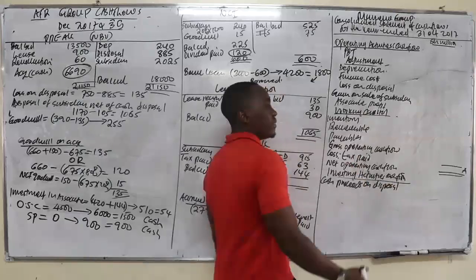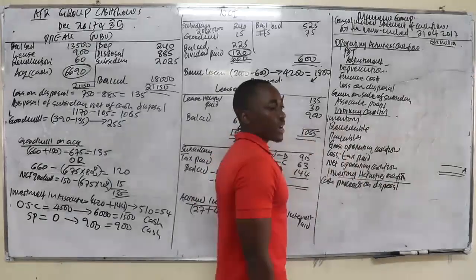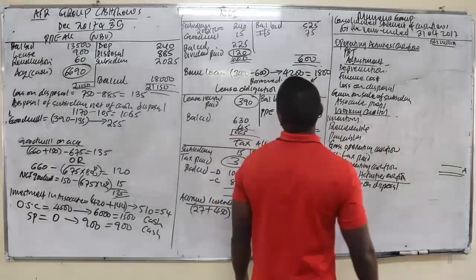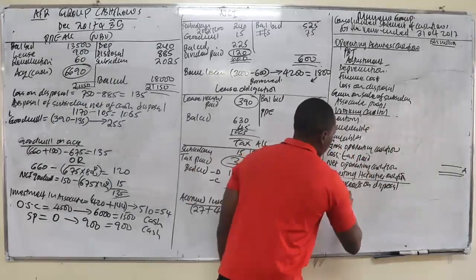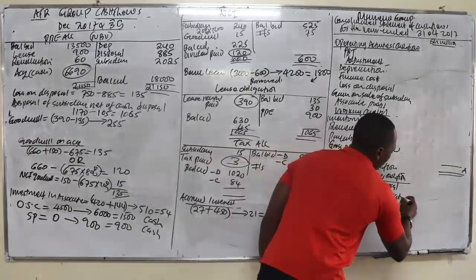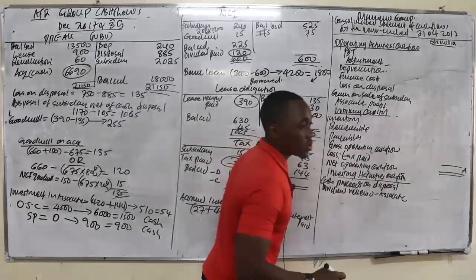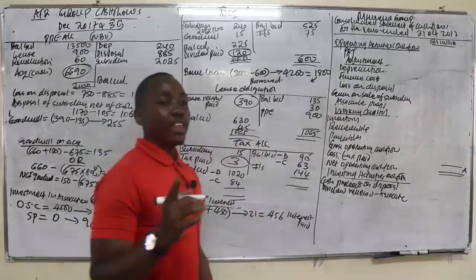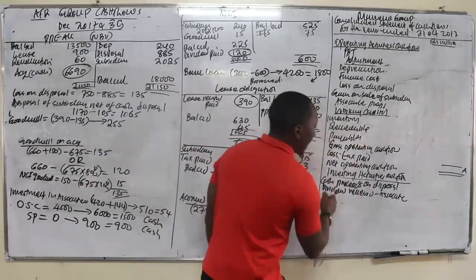We didn't have any investment income, but we received income from the associate. Dividend received from associate. Then we have acquisition. Also, we had another cash received on disposal of the subsidiary.